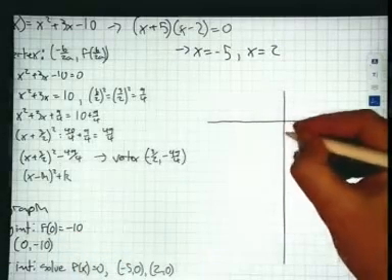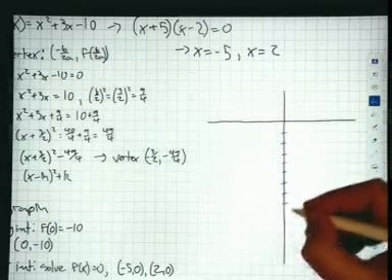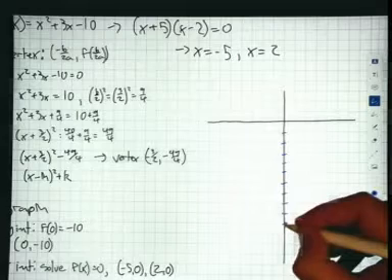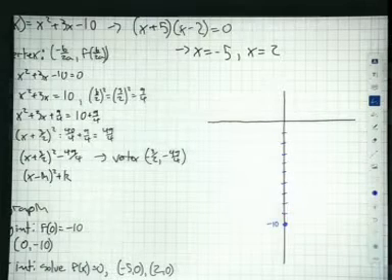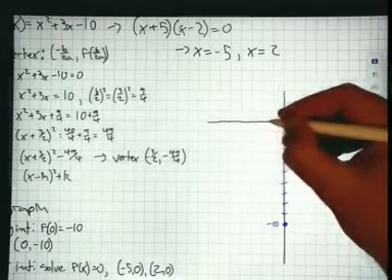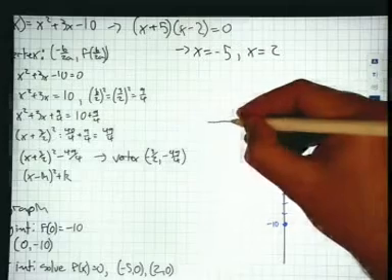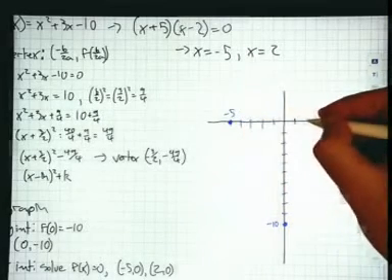So 1, 2, 3, 4, 5, 6, 7, 8, 9, negative 10. I have x-intercepts at negative 5 and 2. So 1, 2, 3, 4, negative 5, and then 2.